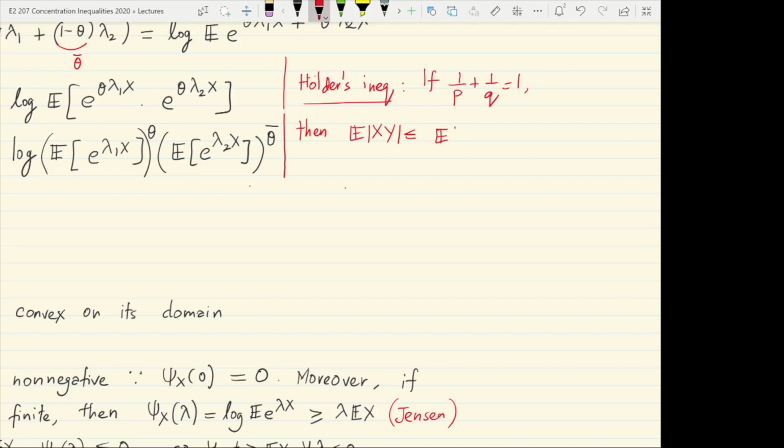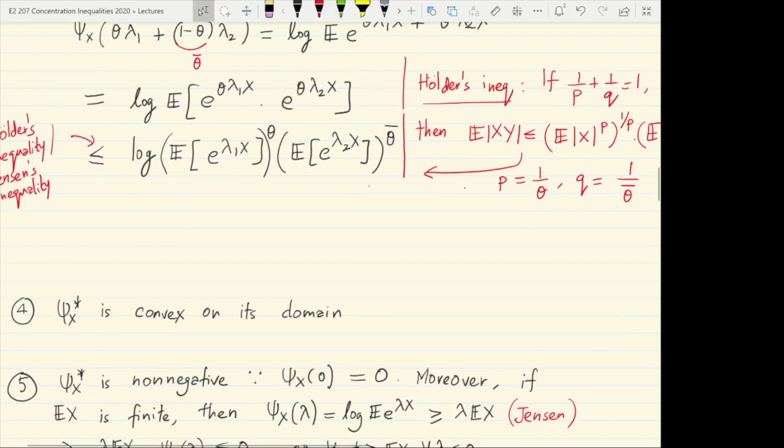So expected value of x raised to p, the entire thing raised to 1 over p, and similarly the expected value of y raised to q, raised to 1 by q. Okay, so apply this here with p being equal to 1 over theta and q being equal to 1 over theta bar. Okay, so that the conditions of the inequality are satisfied, and you'll see that this is Holder's inequality.